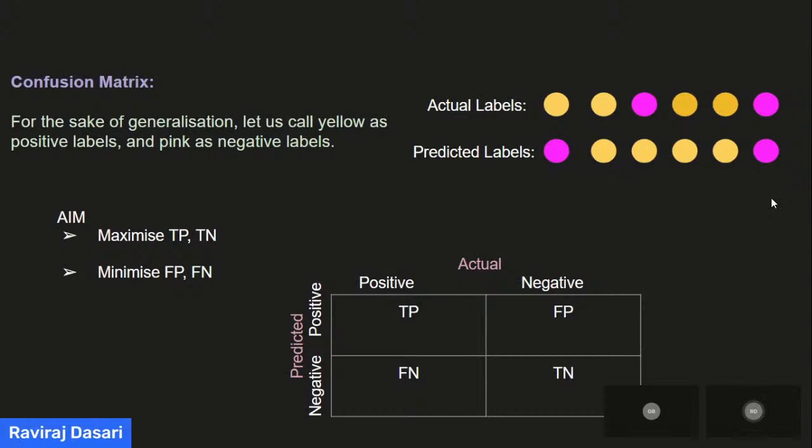Suppose I'm creating a model to classify dogs and cats, and in test data I have only pictures of dogs and no pictures of cats. I send the pictures of all dogs to the model, and it says all dogs. So that will be your 100% accuracy. You have 100% accuracy, but the model has not learned anything about cats, right? That's why when you have class imbalance, accuracy is not a good metric.